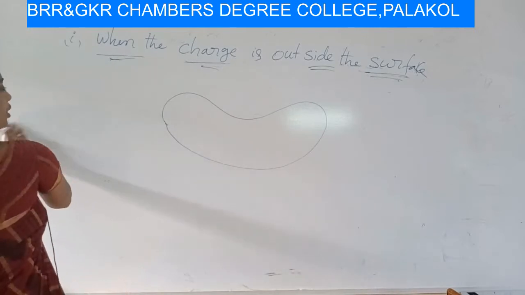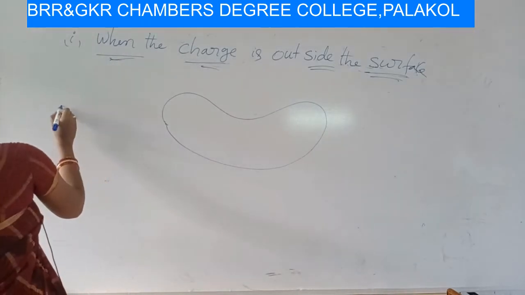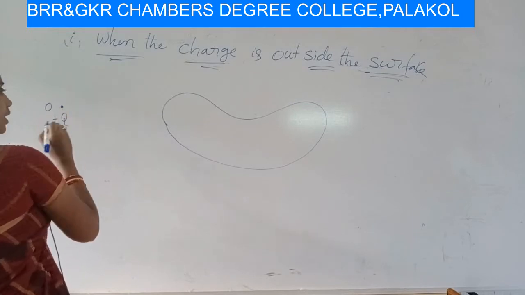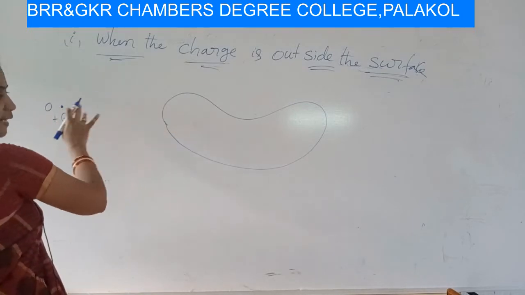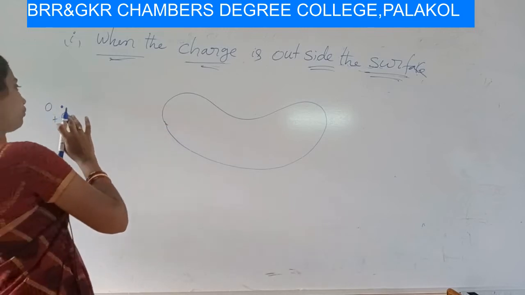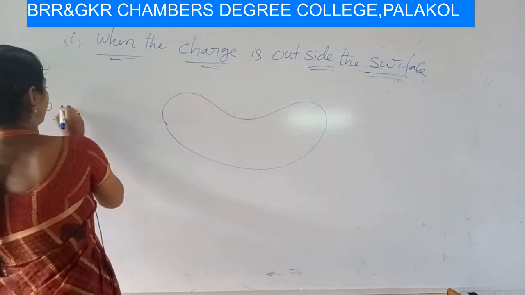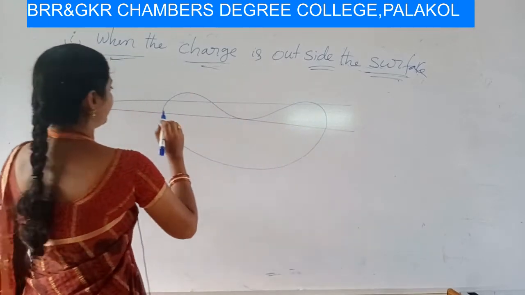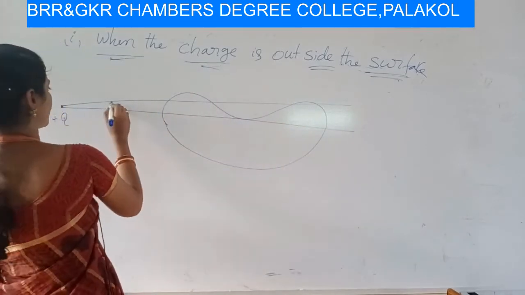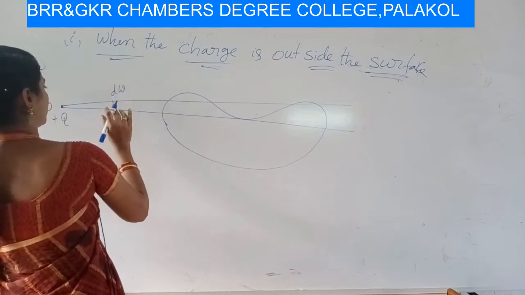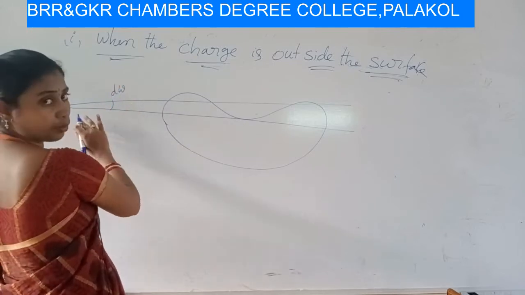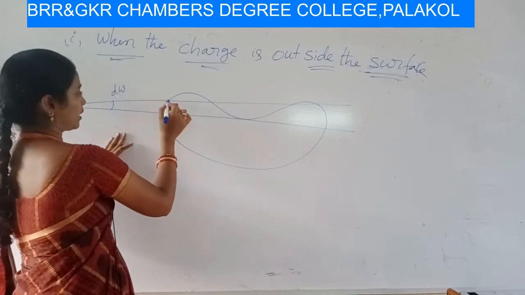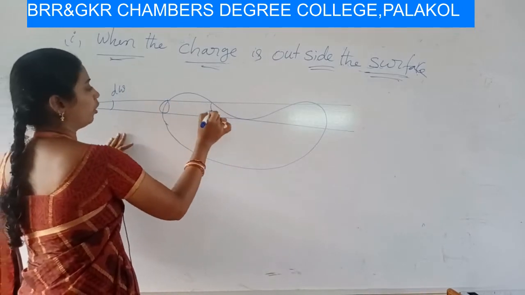Here the charge is outside this closed surface, and we consider at point O that charge Q is situated outside the surface. Then we draw a conical projection with solid angle d omega from this point charge to this surface. Here d omega is the solid angle from this point charge Q to this surface, and it cuts the surface at 4 parts.